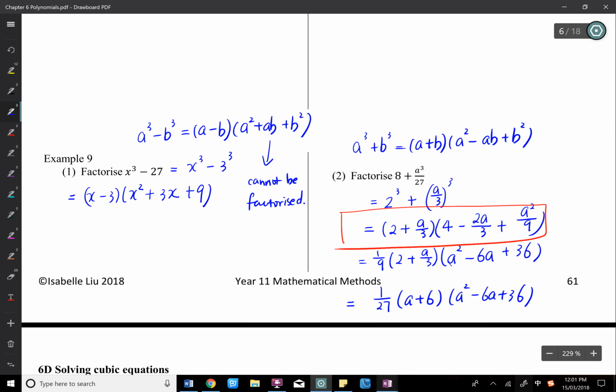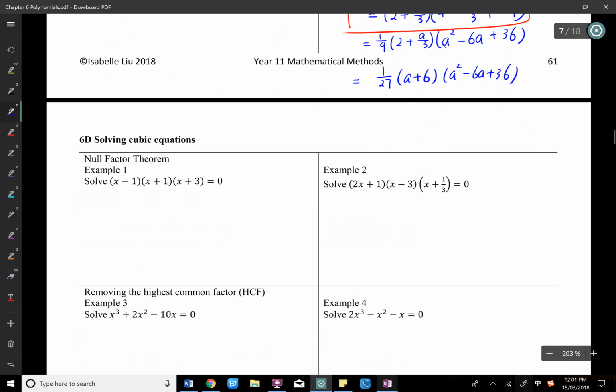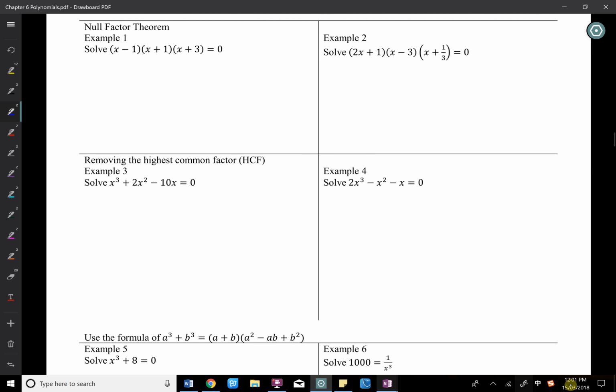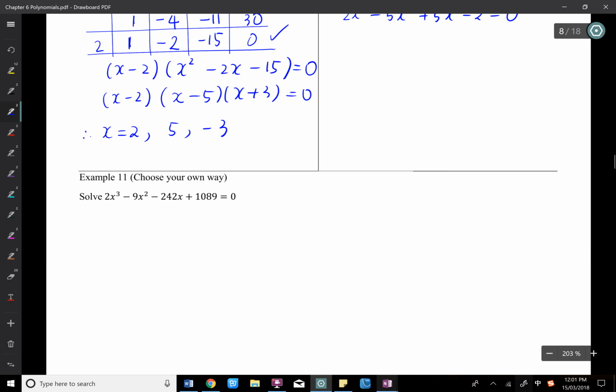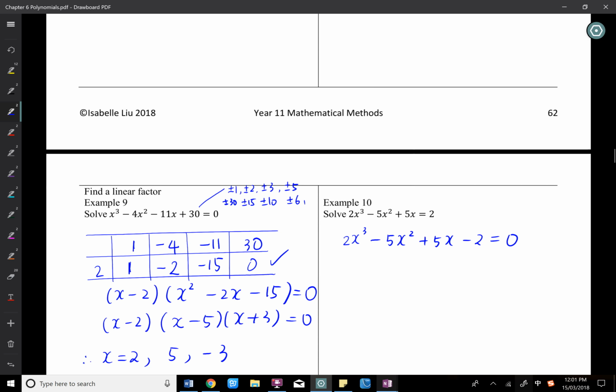Okay, everyone, because tomorrow is the test, we don't really go through any teaching tomorrow. So your homework for the weekend is, I'm not going to check your scheme of work yet, but I will check your homework to factorize those two pages. Use any method you can to factorize page 62 and 63.